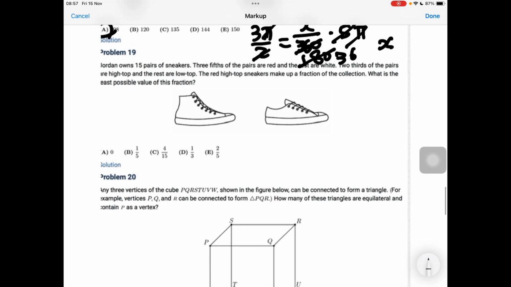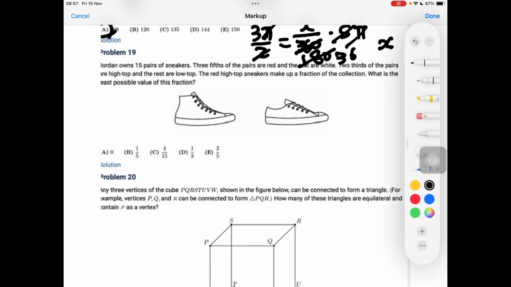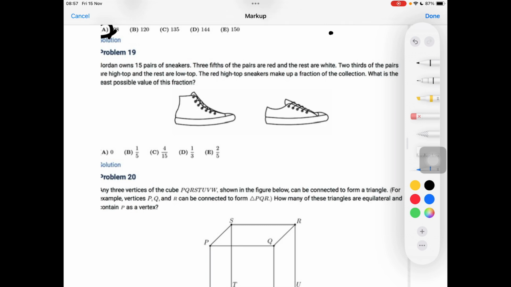And number 19. Jordan owns 15 pairs of sneakers. 3/5 of the pairs are red and the rest are white. So we have 15.